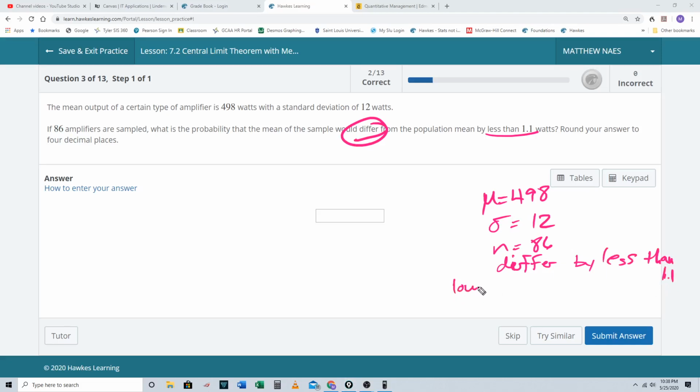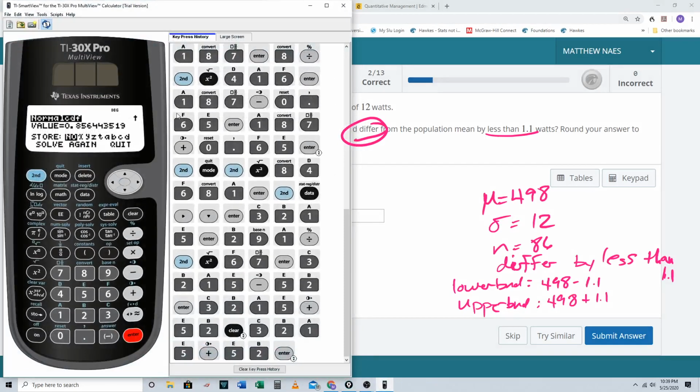So again, the lower bound is going to be 498 minus 1.1. The upper bound is 498 plus 1.1. And because it says differs by less, there's no extra step. Once we get our calculator stuff done, we're done.